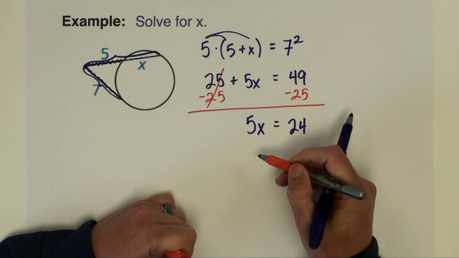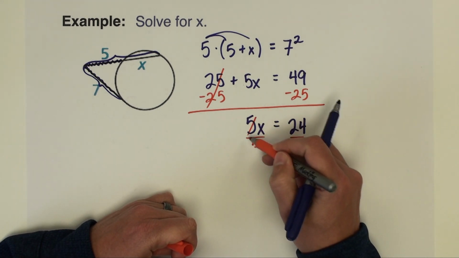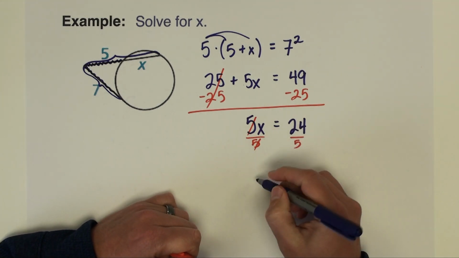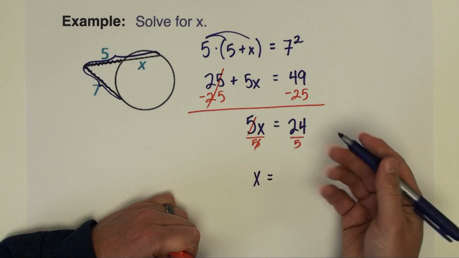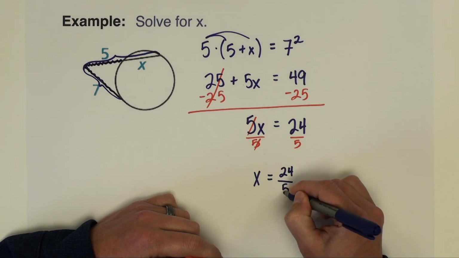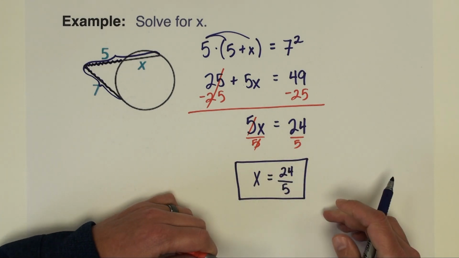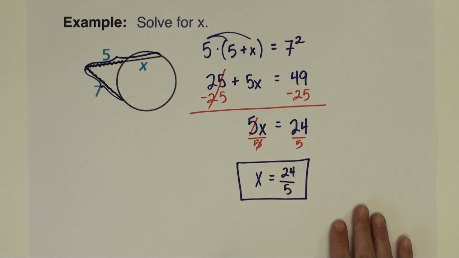If we divide both sides by 5, we get x equals 24 fifths. It doesn't reduce, so you can just leave it as 24 fifths. If you want to re-express that as a mixed fraction or as a decimal, that's up to you, but I'm happy with 24 fifths.